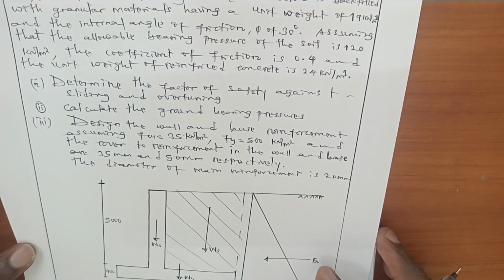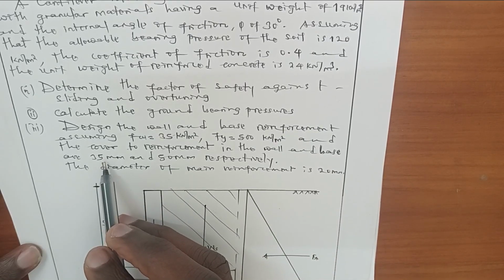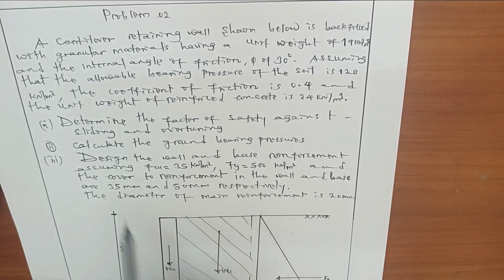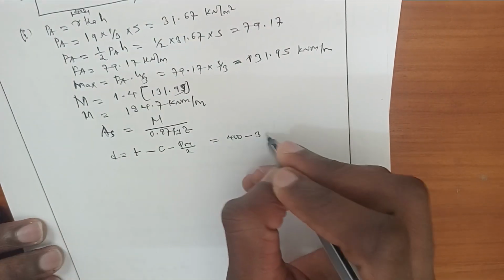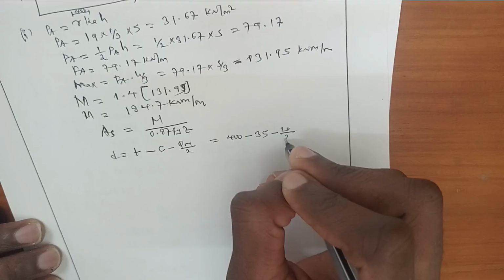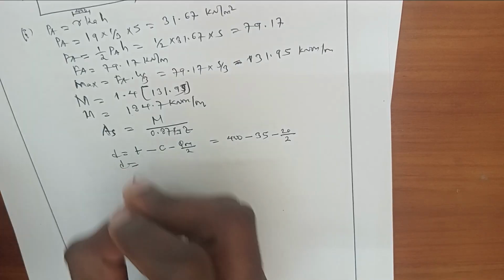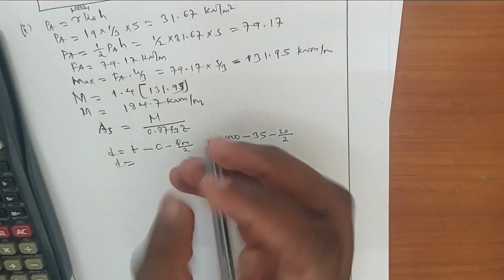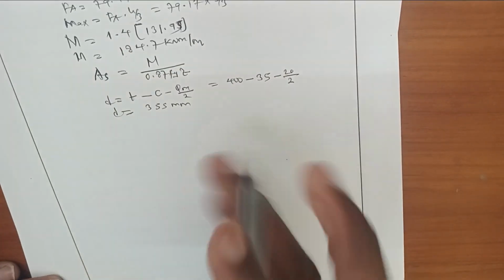The cover of this stem was 35. So we minus 35 minus 20 divided by 2. The diameter of main bars was 20. So it will be equal to 500 minus 35 minus 10. It will be equal to 355. This is millimeters. This is effective depth.